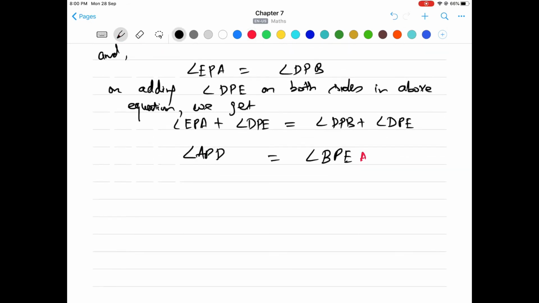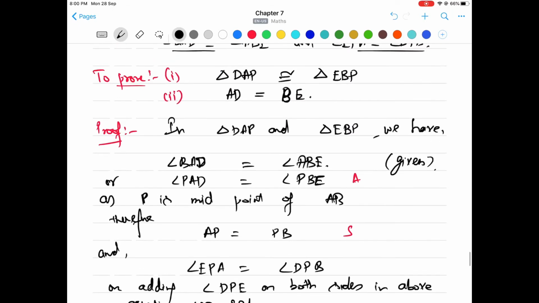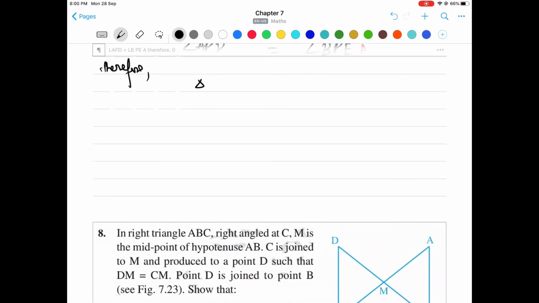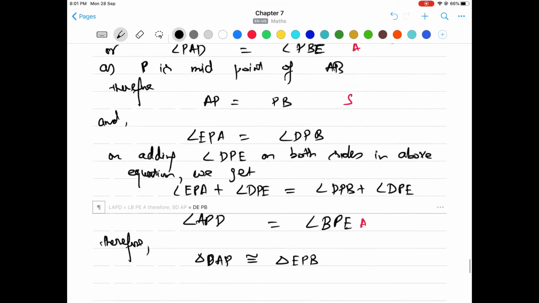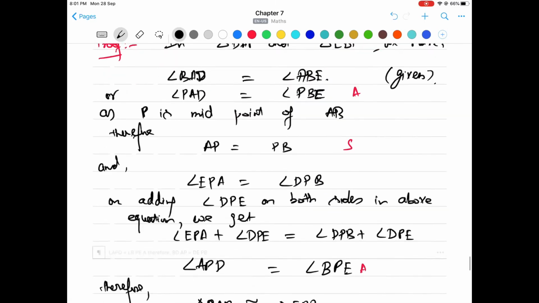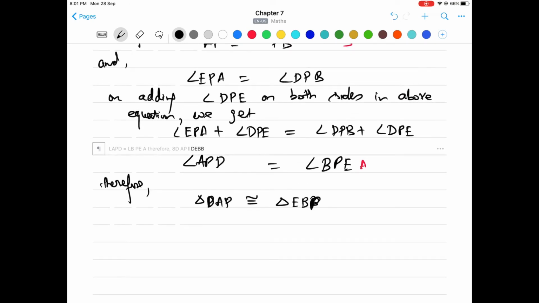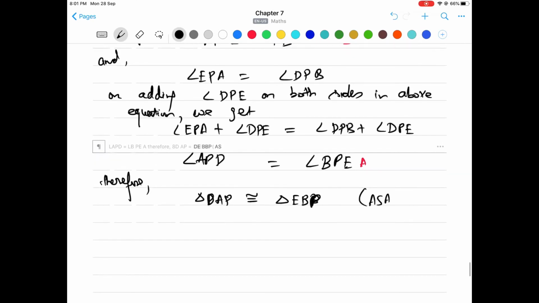Therefore triangle DAP will be congruent to triangle EPB, and this is by the angle side angle congruence rule. So we have proved the first part that these two triangles are congruent.